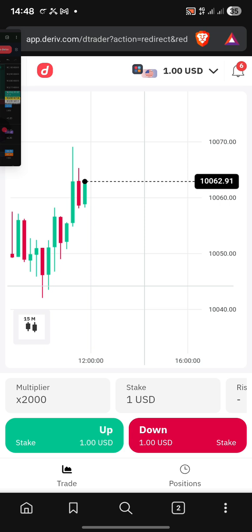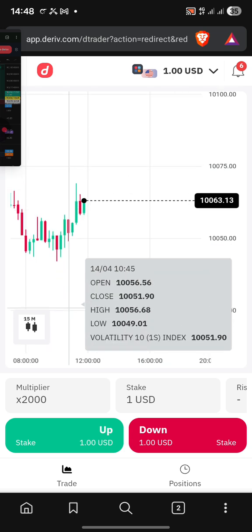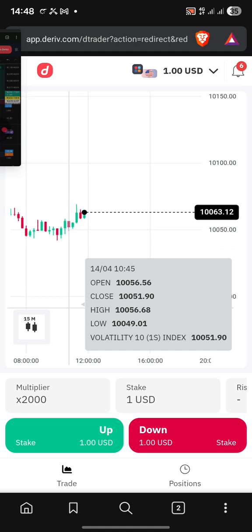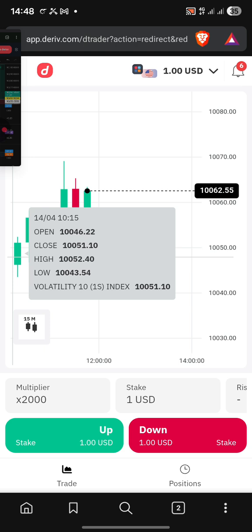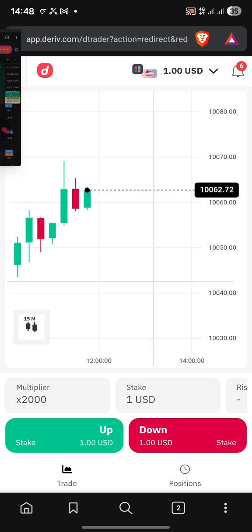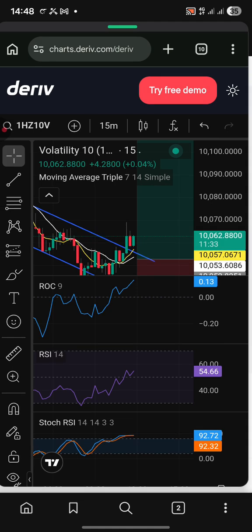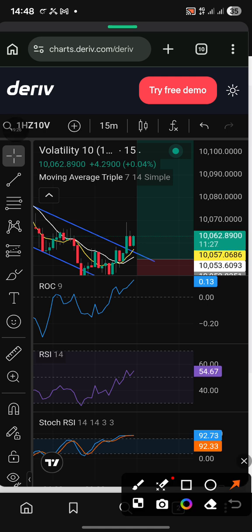For example, I need a small fall, then I take my trade, because it has already shown us here that this market has already started to rise. Looking here there is a divergence, where the white came down below the yellow, yeah?